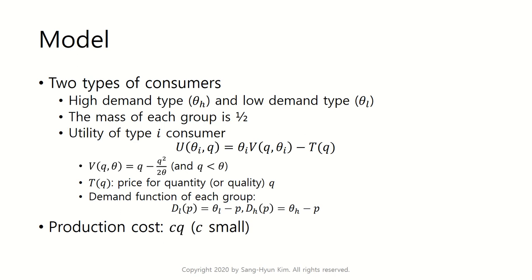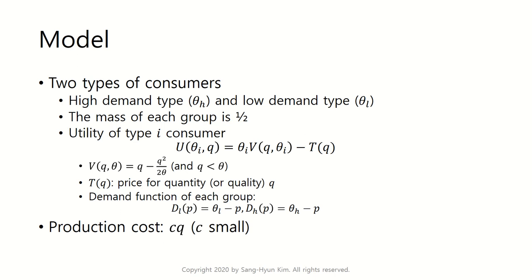And the utility of a type i consumer is given by this U function, which consists of two parts. The first part is theta times V. Theta times V is the gross utility that the consumer enjoys from consuming this good. And the second part is the disutility of paying the price.